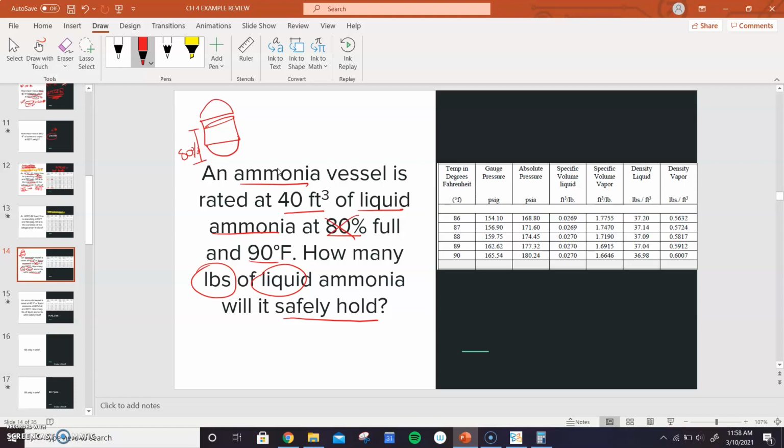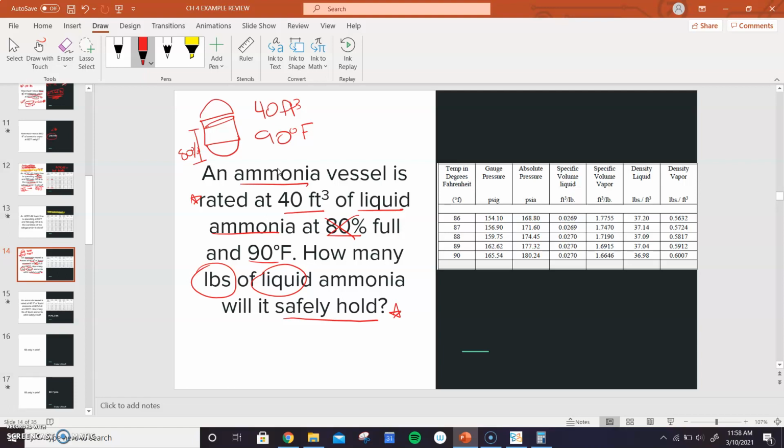We just need to know that at 90 degrees the safety threshold for this vessel is 40 cubic feet of ammonia. And we're trying to see how many pounds that is equal to, because it is rated to hold this much. Rated, safely hold, same thing.